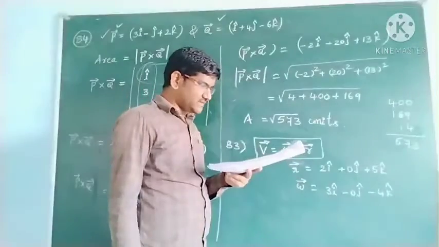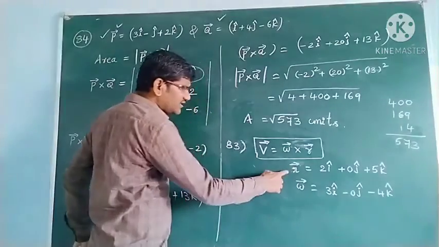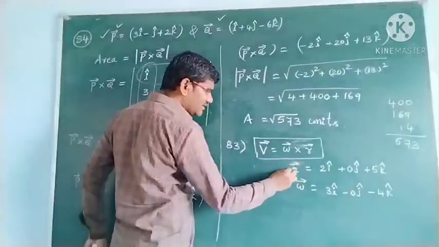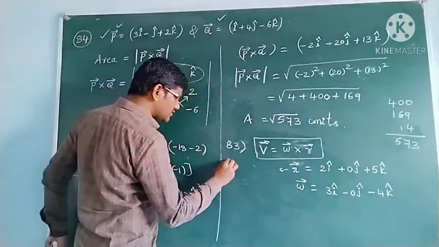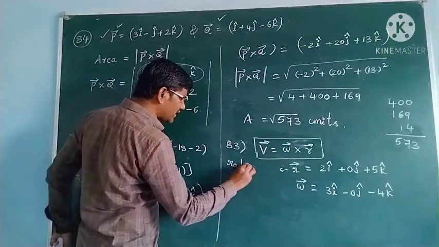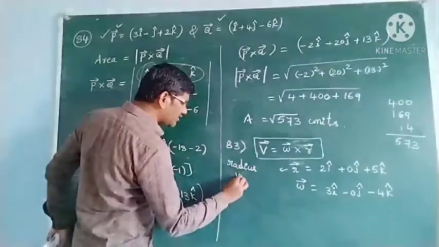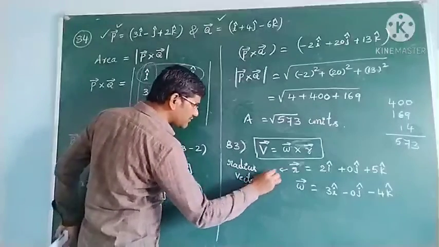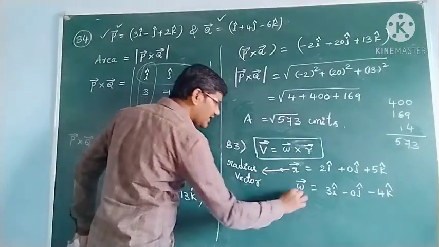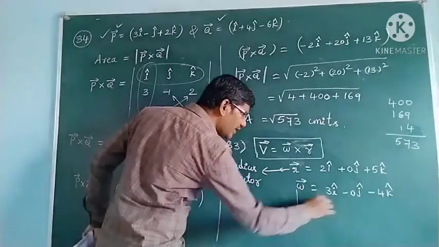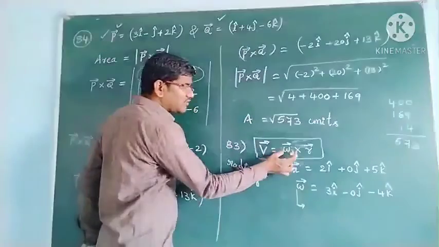Okay students, radius vector they have given. This r is called radius vector, which is called r bar, and this is already I told to you, angular velocity, take omega bar.